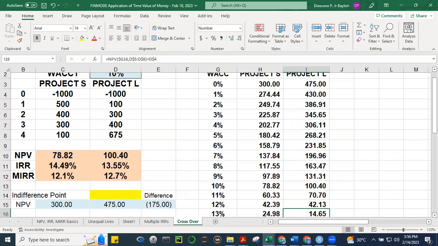Okay, so yung indifference point is that point where, anong relation ng NPV ni S at saka NPV ni L?